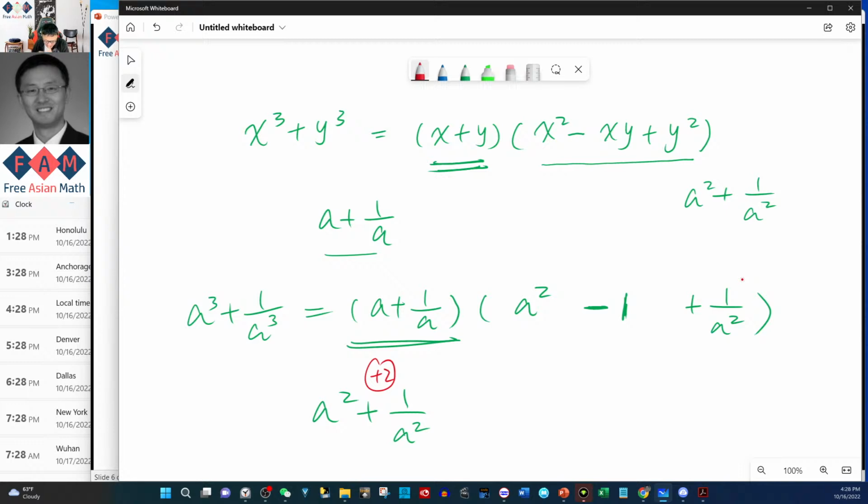Now, all we need is just subtracting 1 more, right? So, in order to get this, it's nothing but subtracting 1 more from what we could compute. So, in other words, this is nothing but a plus 1 over a, squared, subtracting 3.